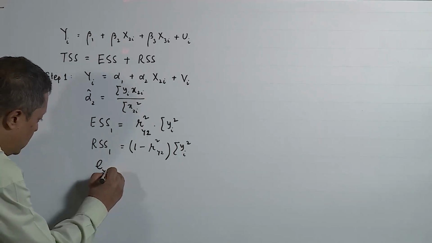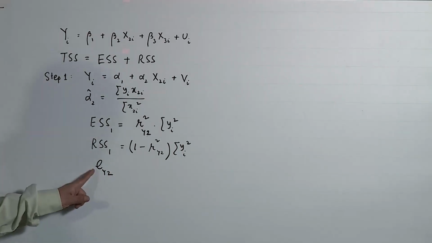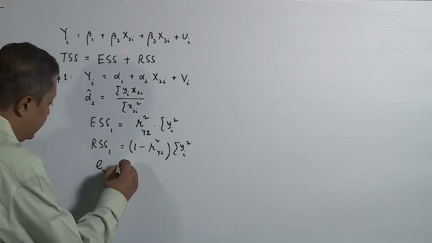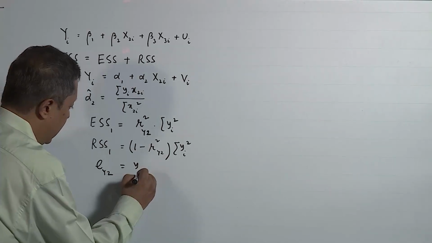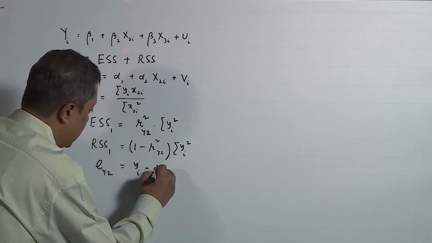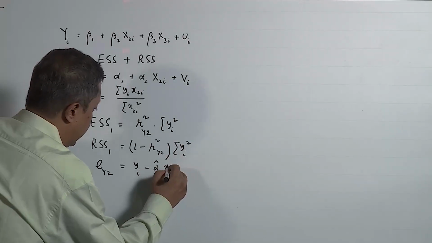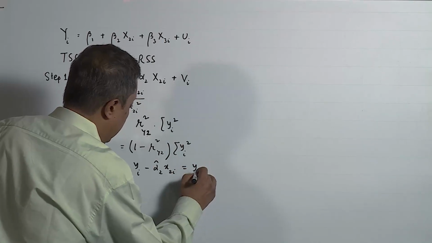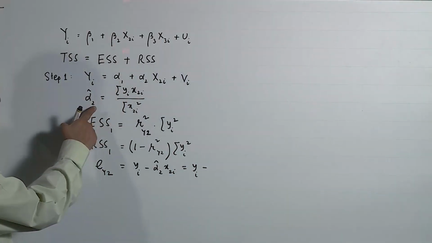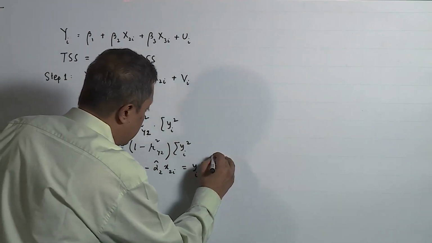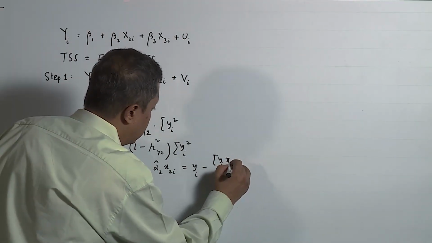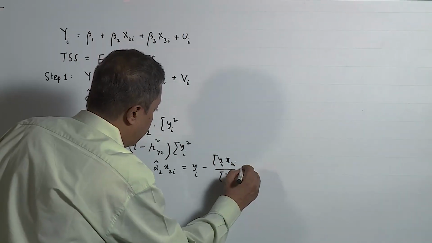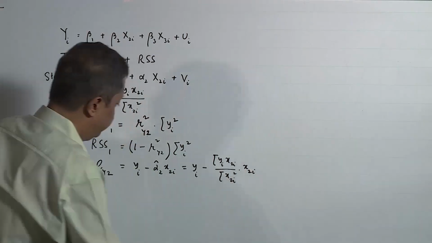Together with that, we obtain the residual values e_y2, the error when y is regressed on x2, defined as y_i minus alpha 2 hat x_2i, which is y_i minus summation y_i x_2i divided by summation x_2i square into x_2i.